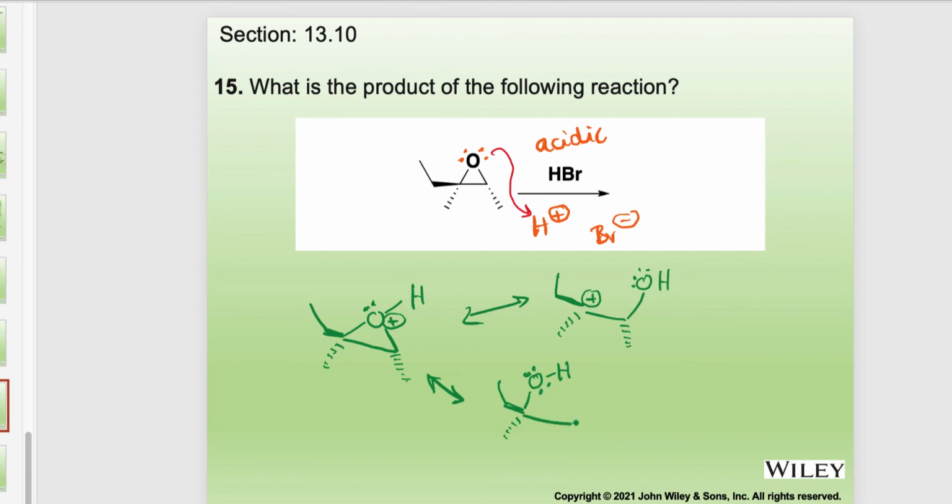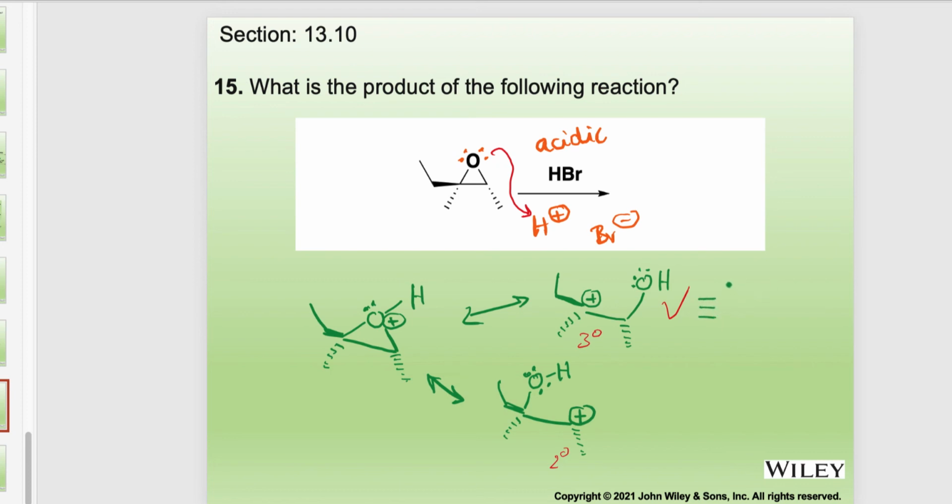But we've taken away electron density. I'm going to draw it like this, although this is not going to be very helpful because this can rotate around. But we want to discuss the electronics. Now, which of these two carbocations or intermediates is more stable? Here we have 1, 2, 3 substituents, that's tertiary. Here we only have 1, 2, that's secondary. Tertiary wins.